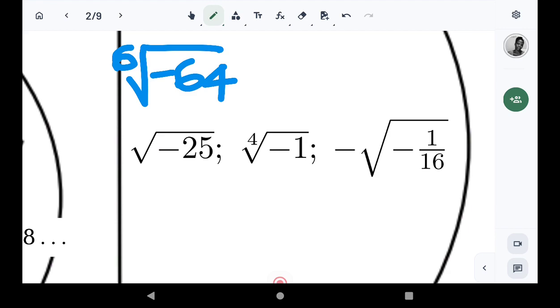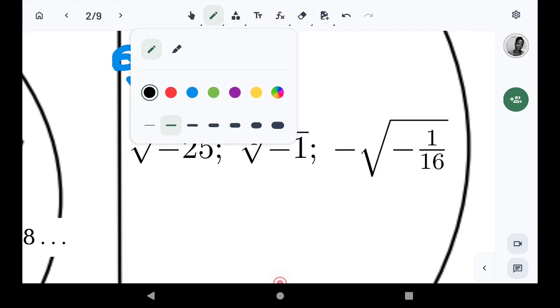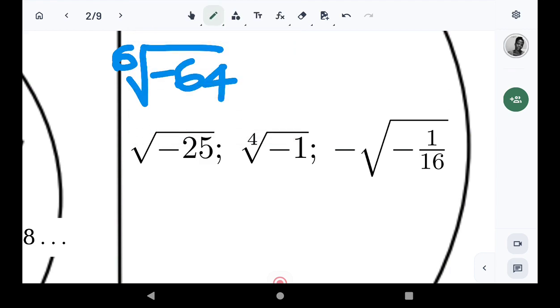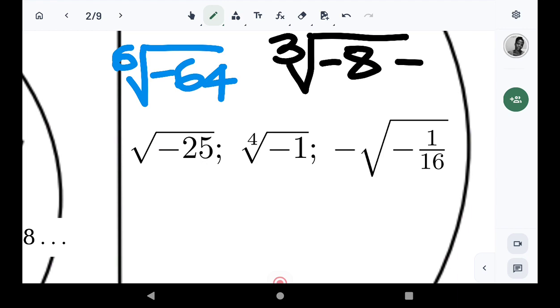Notice that all these roots are even numbered. Please be aware that this does not include your cube root, for example, of negative 8. That is equal to a real number. It's negative 2. We're going to look at that in a moment and see why. It's not part of the imaginary number system.